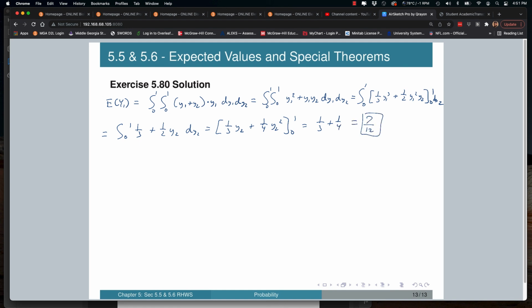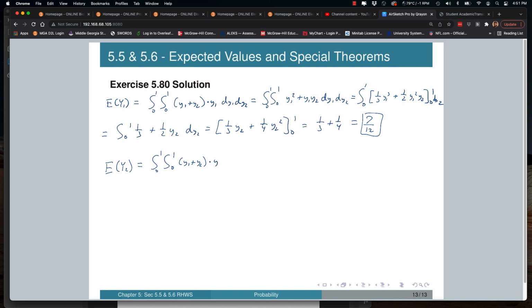I think we proved once before that these were not independent, that they were dependent on each other. But it turns out the expected value of y sub 2 is exactly the same outcome, even though it has a slightly different look to it.